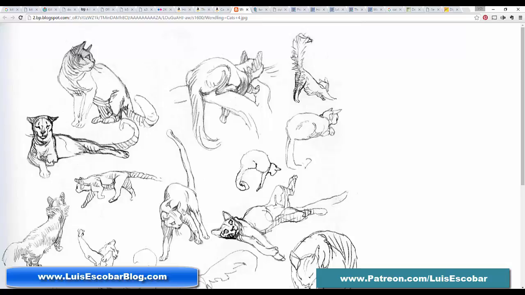These lines are actually defining the stomach and the bones here, not only defining the plane of the stomach and the planes of this bone muscle connection, but it is also done in such a way that it implies fur.